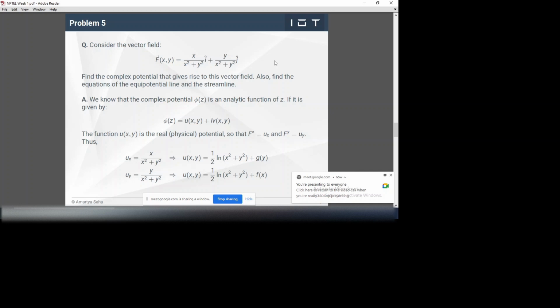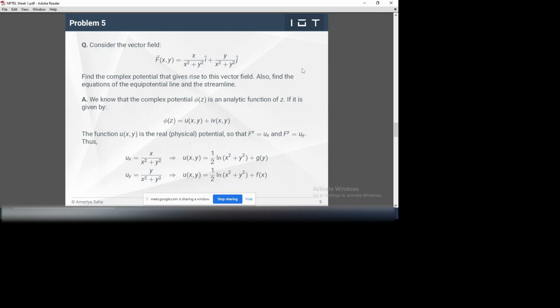So in electrostatics, there is an electric field and electric potential, right? So we know the formula. The electric field is the gradient function of the electric potential, right? I hope you are all familiar with that. So this is the same concept here.